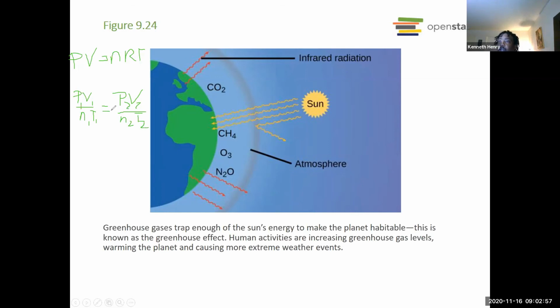So if I'm going from one temperature to a new temperature, we're heating it up, right?